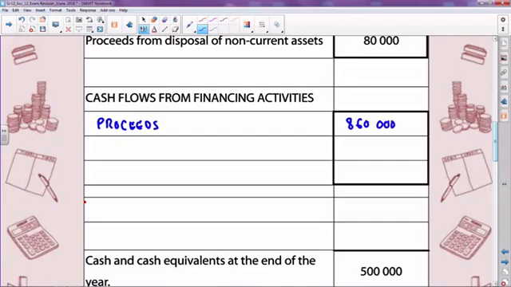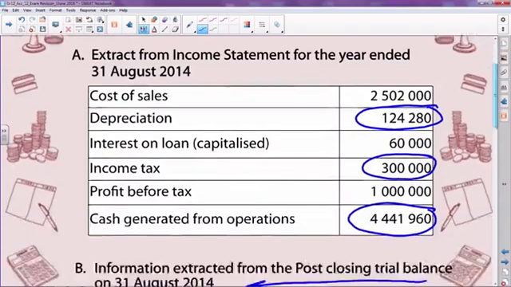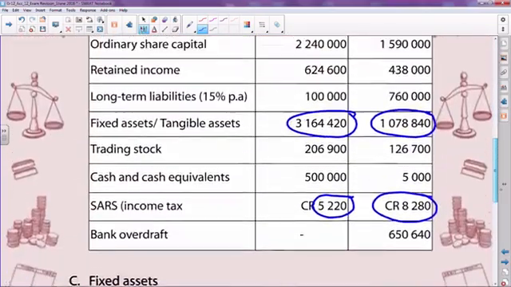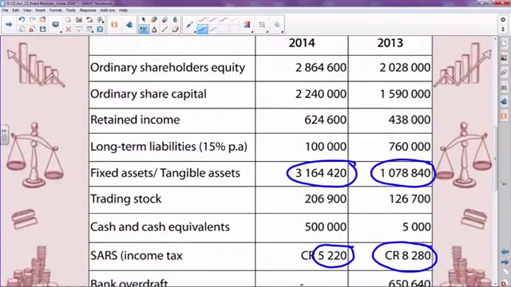I also need to know two more components that need to be completed within the financing activities part of my cash flow statement, and that's the buyback and obviously the loan component. Let's see if we can find the loan component in this segment, right? If we look at our long-term liability, immediately I see that my loan was 760,000, is now 100,000.